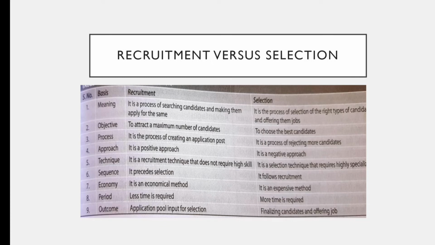Technique: recruitment does not require high skill, but selection requires specialized skill. Sequence: recruitment proceeds, and selection follows recruitment. Economy: recruitment is an economical method, but selection is expensive. Period: less time is required for recruitment, more time for selection. Outcome: the application pool is the input for selection, and then finalizing the candidate and offering the job.